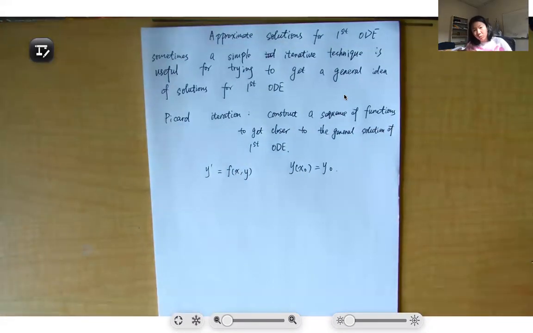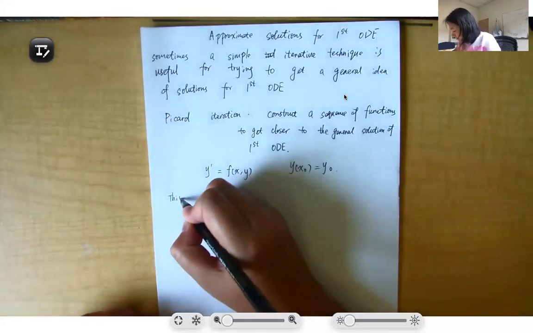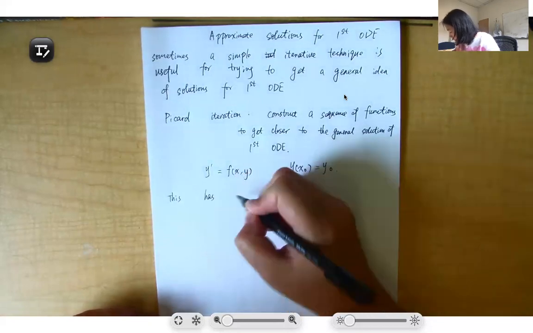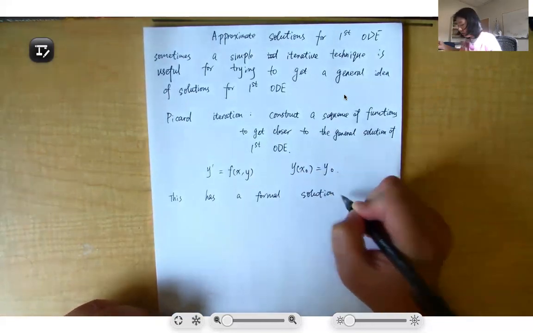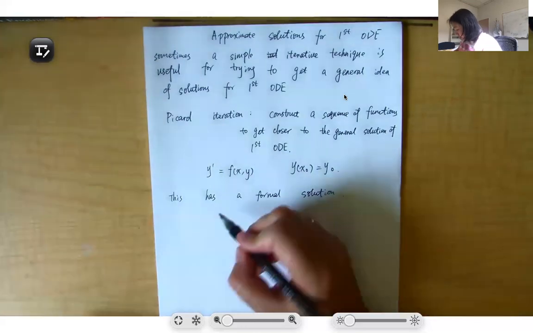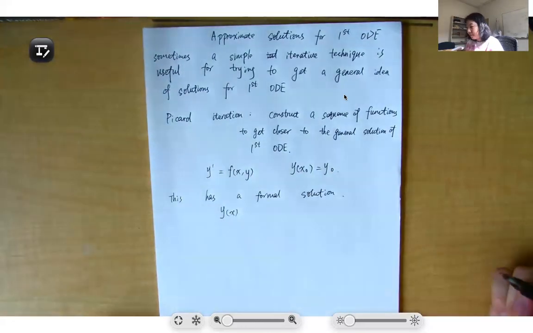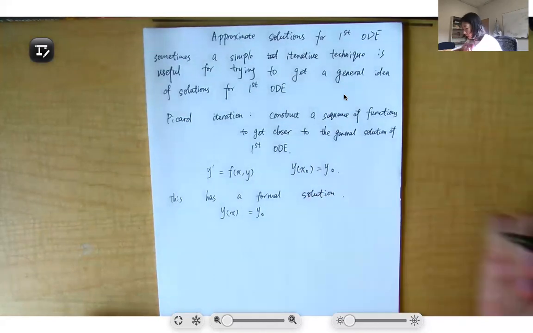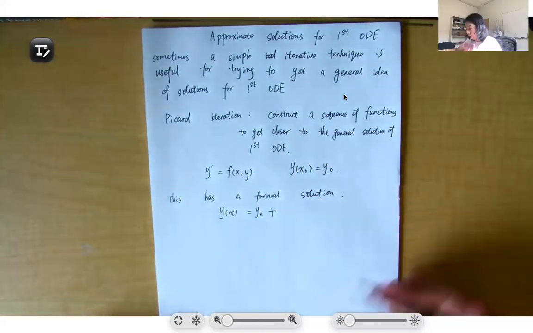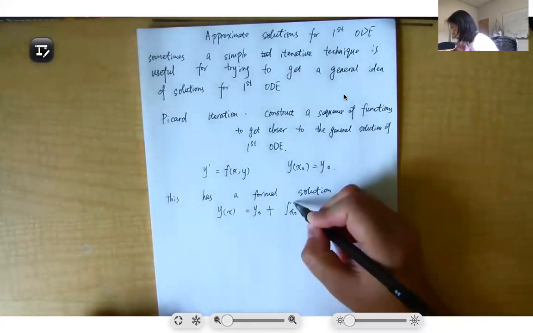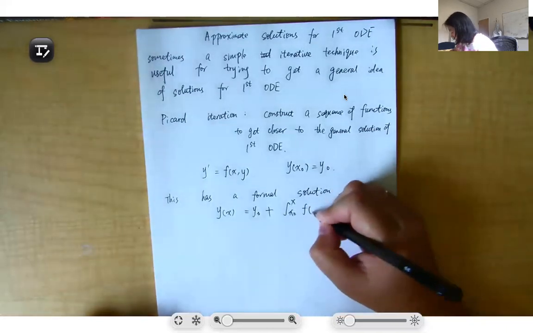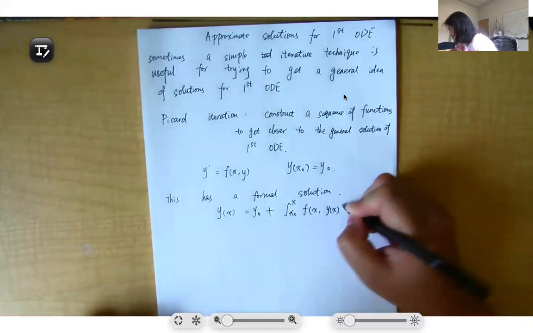And how can we use Picard iterations for this first order ODE? This ODE actually has a formal solution, which is y(x) equals the initial value plus the integral from x0 to x of f(x, y(x)) dx.